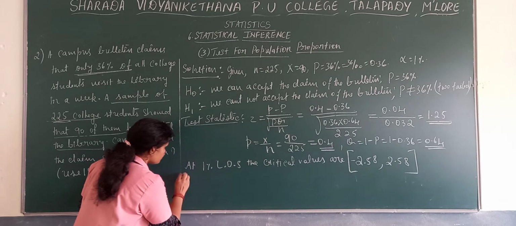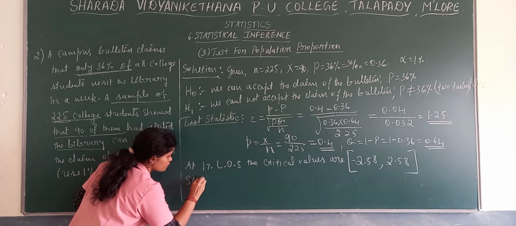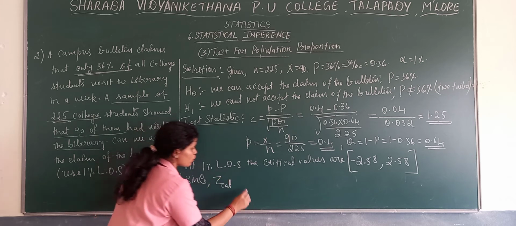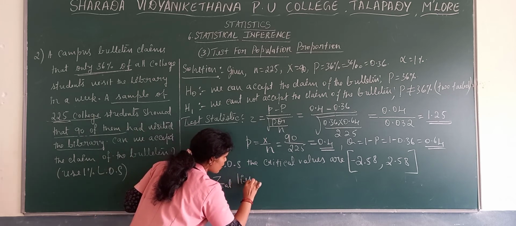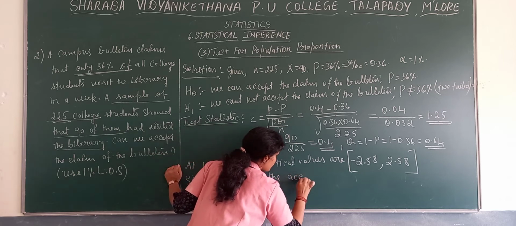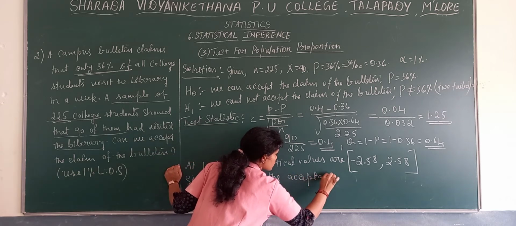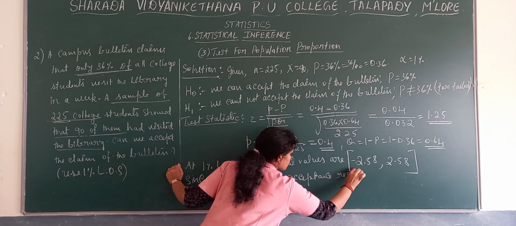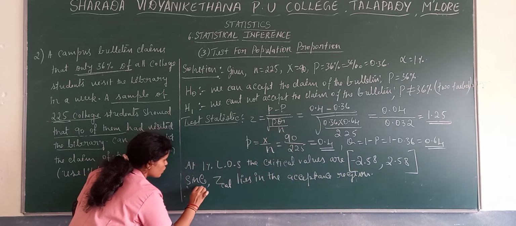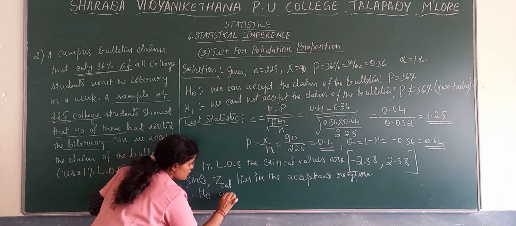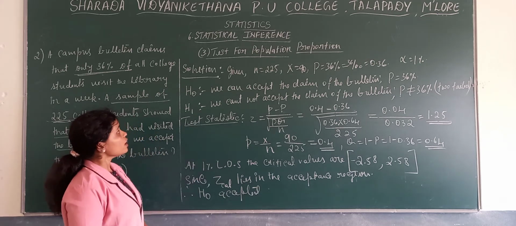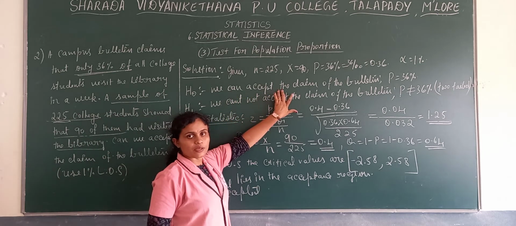So here, since the calculated value of the normal test lies in the acceptance region, therefore we accept the null hypothesis. H0 is accepted.